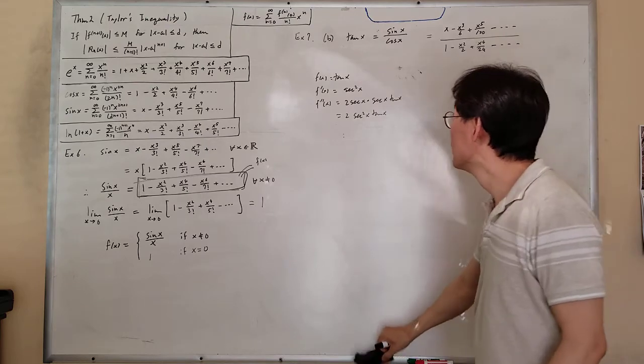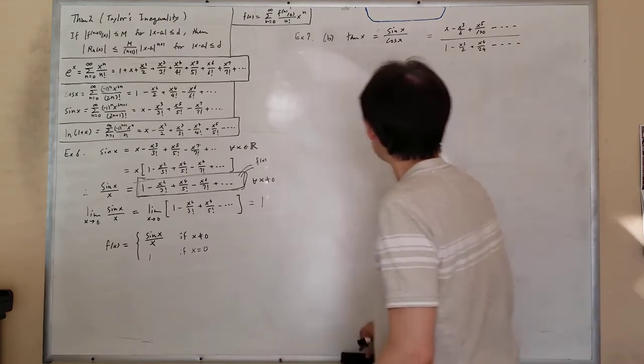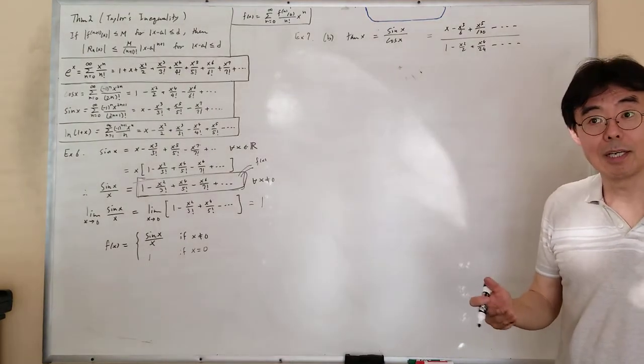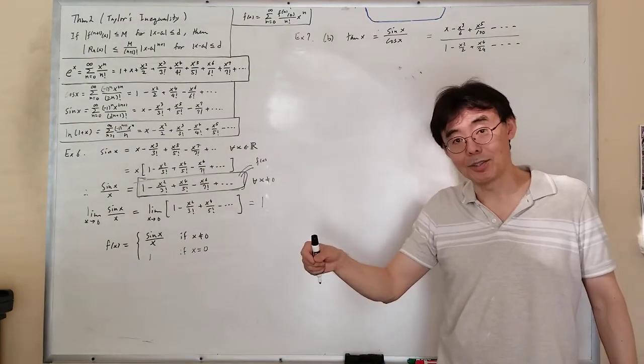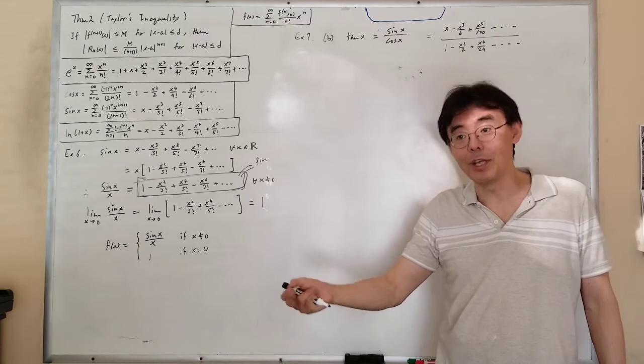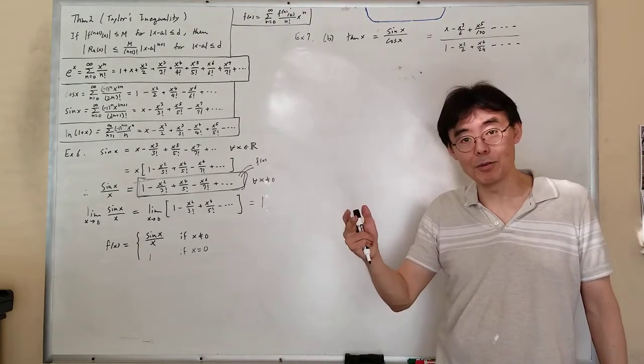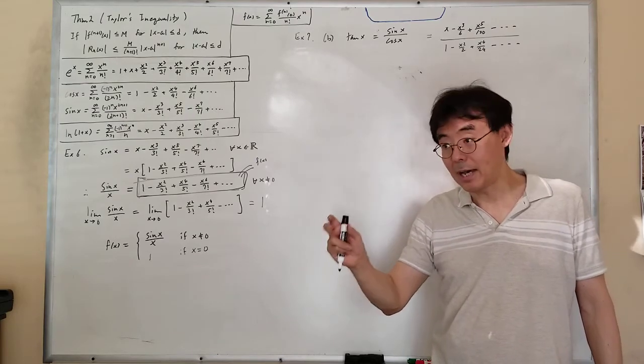So let's do long division. Now, in power series long division, we start from the constant. The constant term is the most important one, and then x and x squared, x to the 3rd. Unlike long division of polynomials, where we start from the highest power.